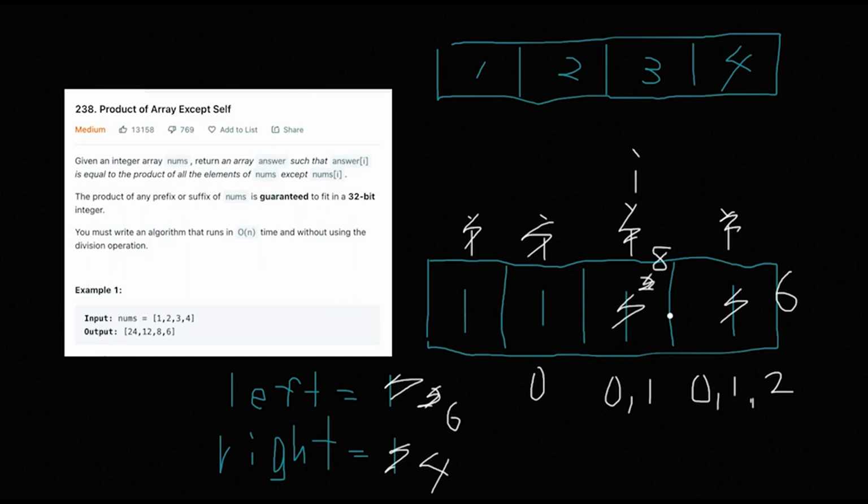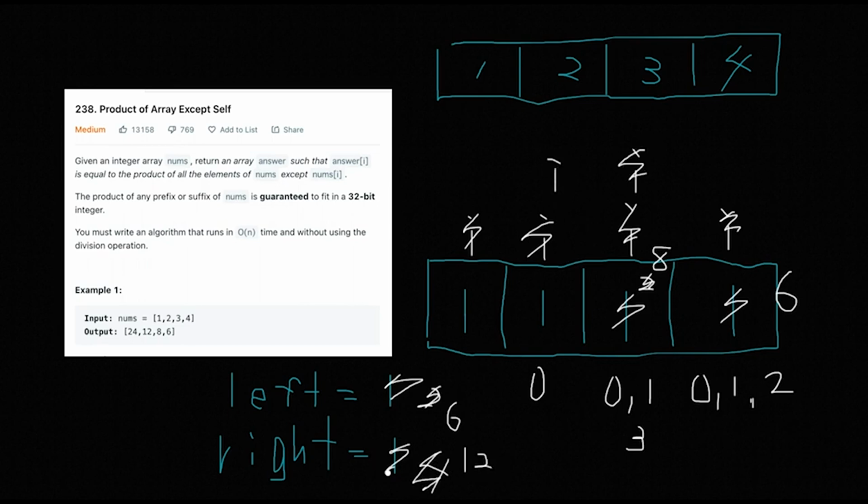So this is index 3, so I use index 3. And then before moving back to the previous index, multiply the current number to the right number, which is 12. And then move back to the previous index.